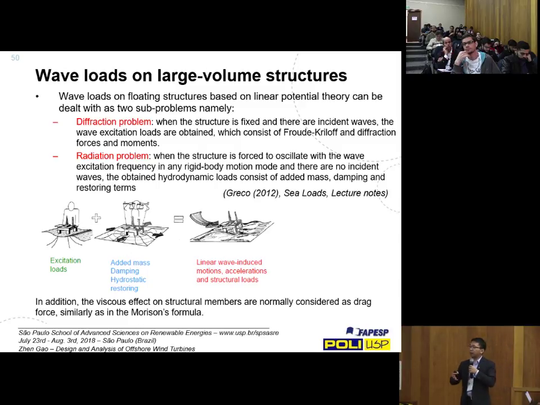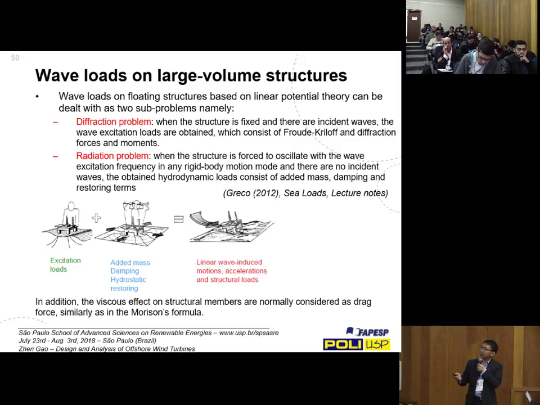Now, if we have a relatively large volume structure, for example ships or semi-submersibles, then when you have the structure in the wave and the structure also moves, typically we have to separate it into two problems. One is the so-called diffraction problem. That is when you fix the structure, have an incoming wave, and look at the loads acting on the structure.